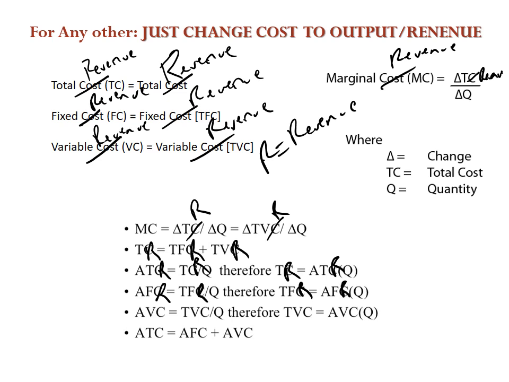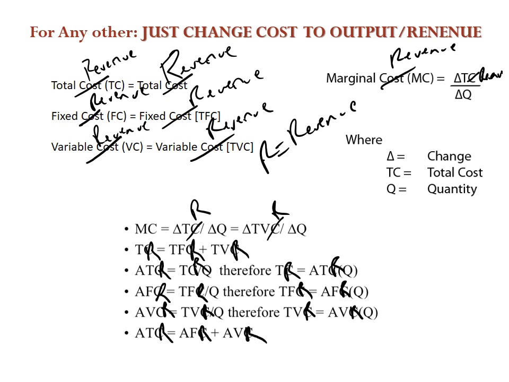Your average variable revenue will be your total variable revenue divided by quantity, so your total variable revenue will be your average variable revenue times quantity. And your average total revenue will be equal to your average fixed revenue plus your average variable revenue. That's all you have to do.